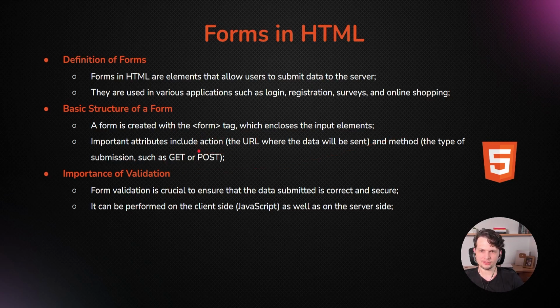First, the action is where we are sending the data. This will lead the data to our server, and there we can do what we want with the data, okay? And the method is used to choose what the form will do. So we have two types of methods, get or post.